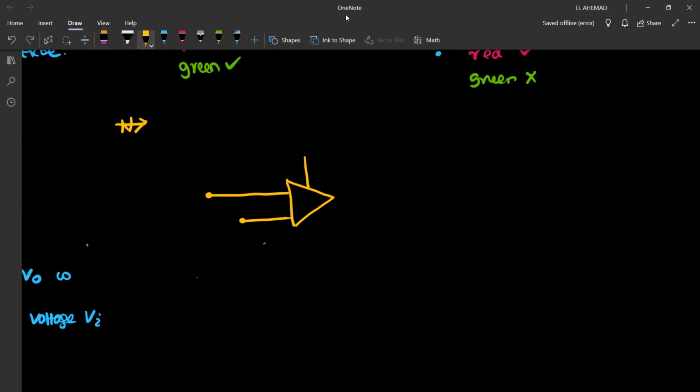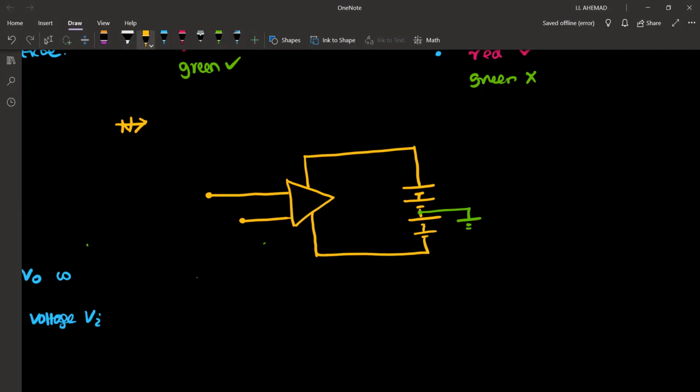Then what I do is I connect it to a battery of 20 volt. And the center, we ground it. We ground the center and provide the negative supply to the negative terminal.